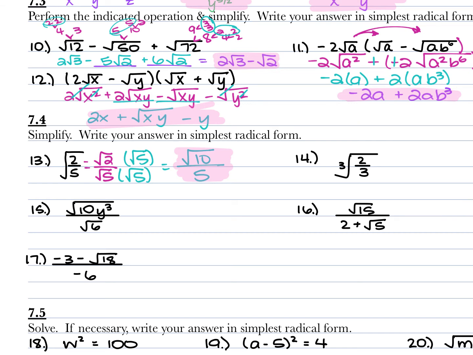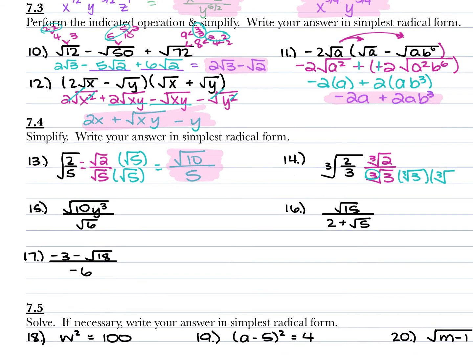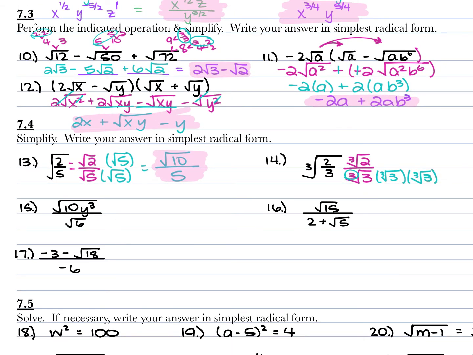For number 14, you have the cube root of 2/3. Again, this is the same thing as saying the cube root of 2 over the cube root of 3. So because our index is 3, we're going to multiply the bottom by the cube root of 3 a total of 3 times. So we do the same to the top.